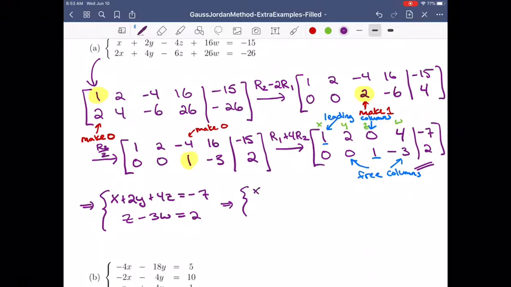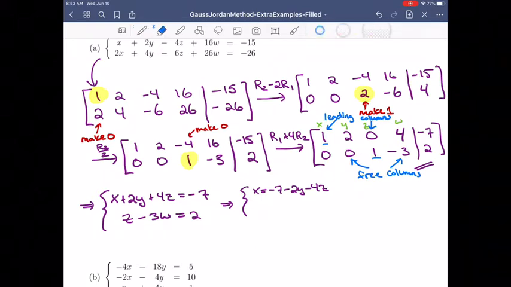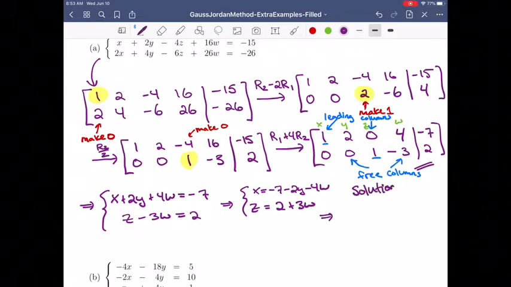x is going to be negative 7 minus 2y minus 4z. I lied here. Sorry. That should be a w. And z is equal to 2 plus 3w. So that means that our solutions, there's infinitely many of them.